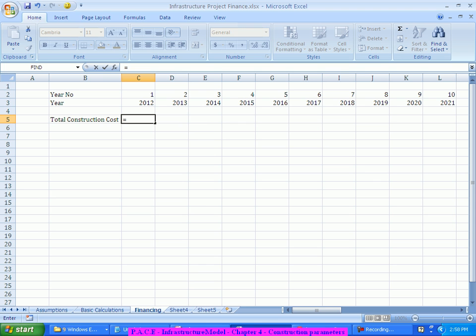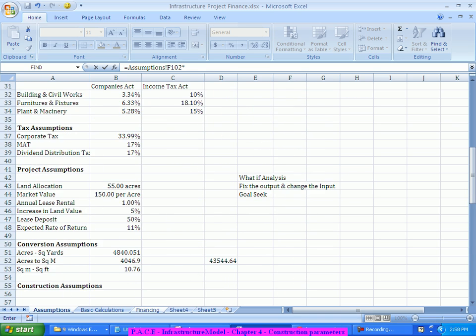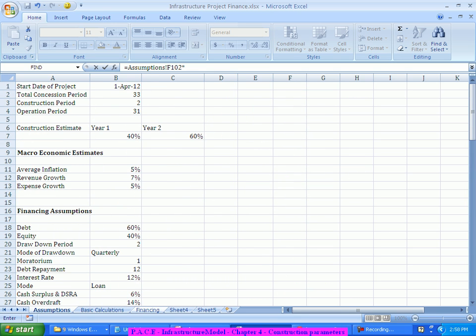I am taking it as equal to whatever the base calculations we got, or whatever the assumption sheet. This is our total construction cost, right? That I am multiplying with 40%, because no inflation for the first year.